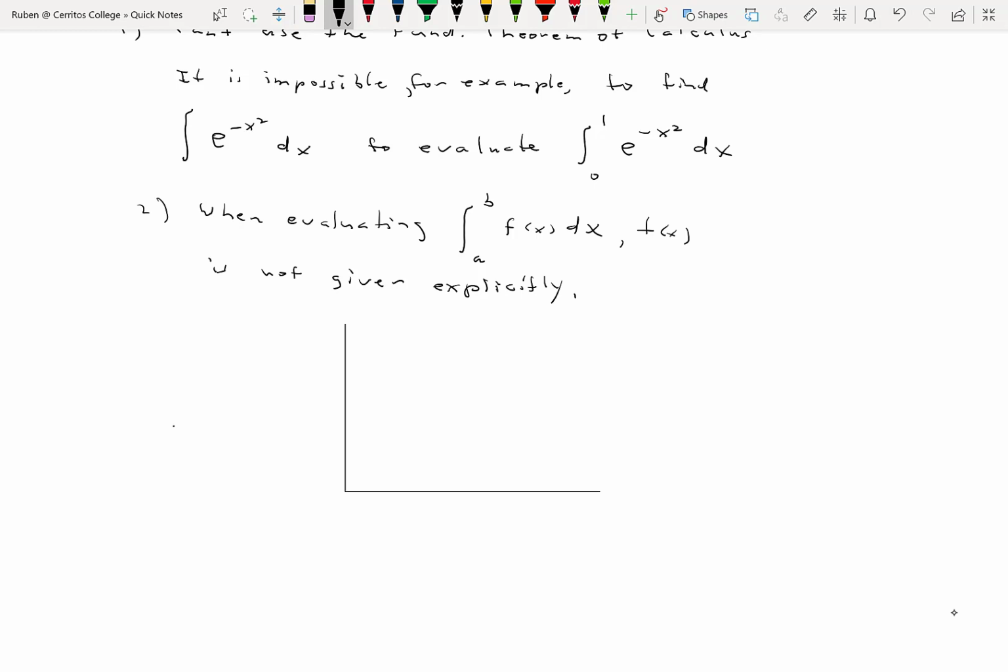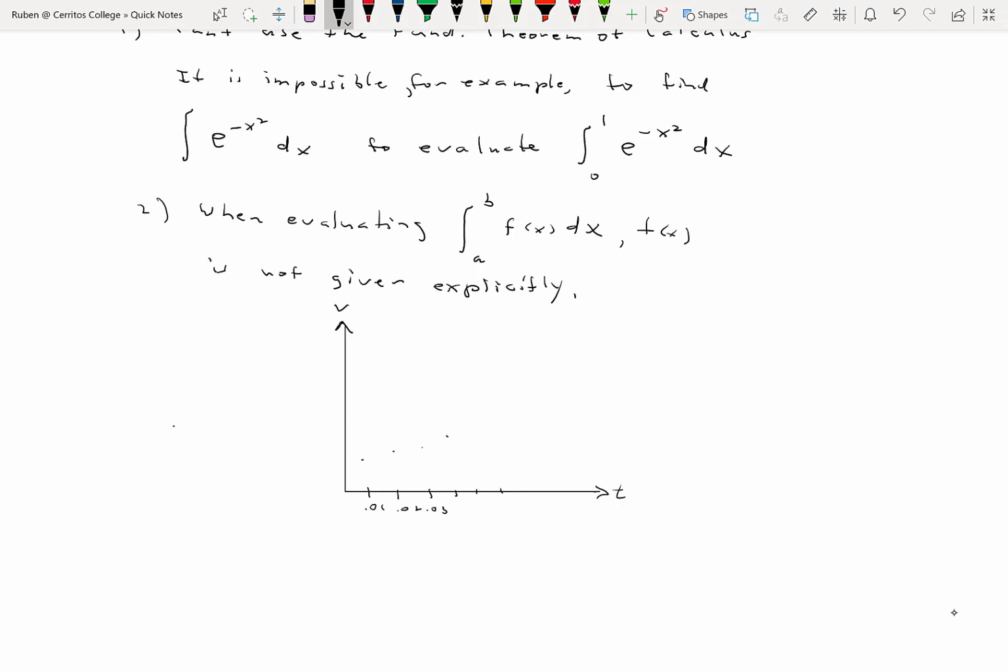Suppose we graph velocity along the y-axis and time along the x-axis, and we observe the velocity of the object at time equals 0.01, then 0.02, then 0.03, and so on.